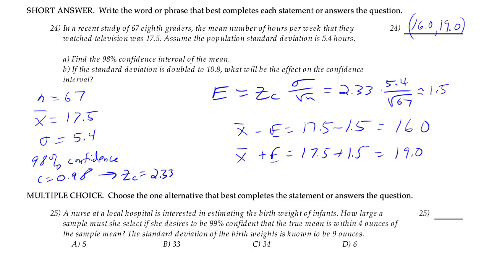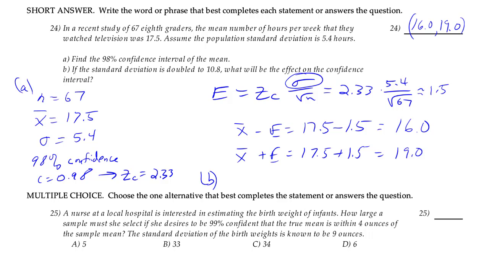All right, and what if the standard deviation is doubled? What would be the effect on the confidence interval? Okay, so let me just answer B. This was all A here. If you double the standard deviation, look at the margin of error there, you're going to be doubling the margin of error. So everything else is staying the same.